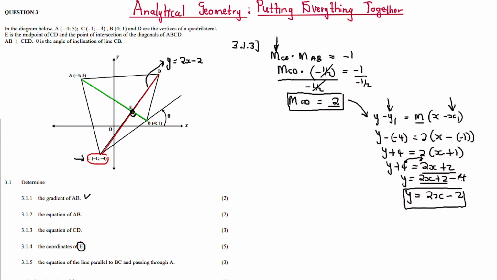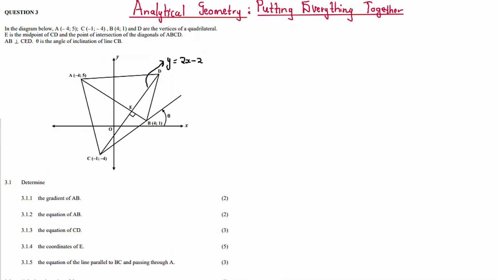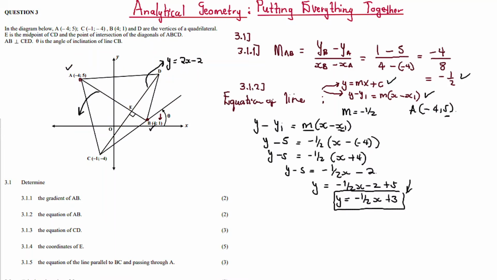Just to double check, yes, I got that one correct. And then the line AB, I'm also going to need that. It's y equal to -1/2 x plus 3. Let's hide this.